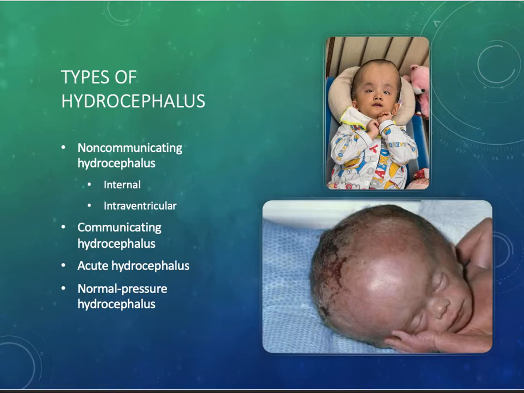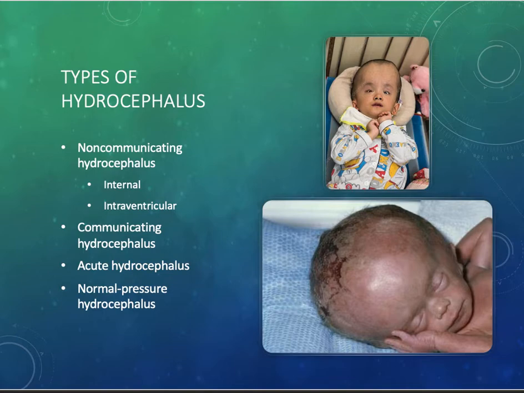Normal pressure hydrocephalus is an abnormal buildup of CSF in the brain, in the ventricles or the cavities, and it occurs if the flow is blocked some way. Okay, it's a type of communicating hydrocephalus.